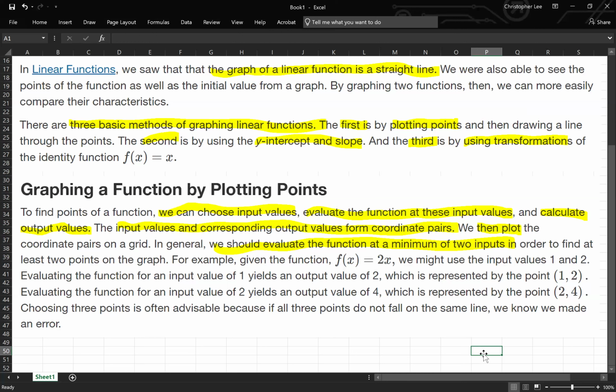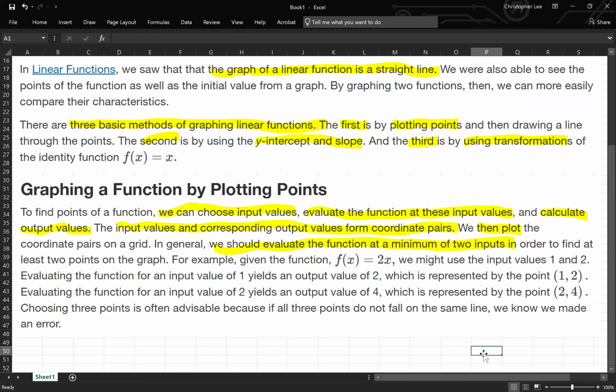For example, given a function f of x equals 2x, we might use the input values 1 and 2. Evaluating the function for an input value of 1 yields an output value of 2, which is represented by the point (1, 2). Evaluating the function for an input value of 2 yields an output value of 4, which is represented by the point (2, 4).